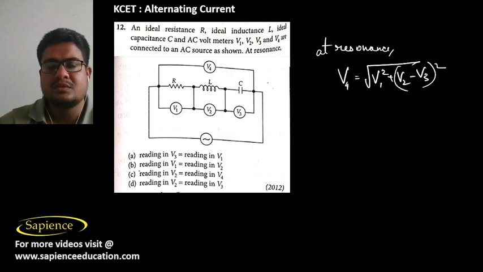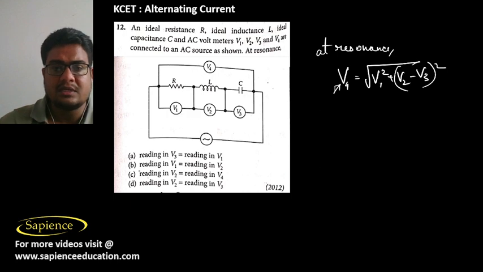Here V2 is the voltage across the inductor, V3 is the voltage across the capacitor, V1 is the voltage across the resistor, and V4 is the net voltage of the source.